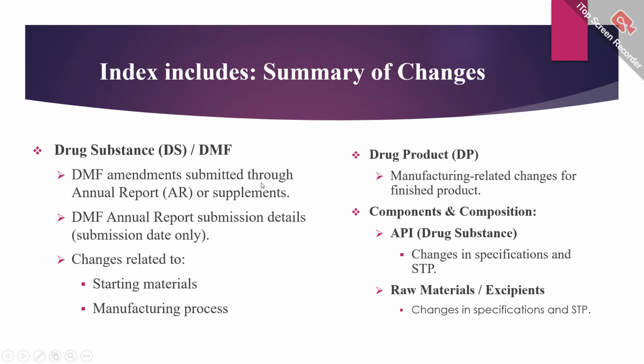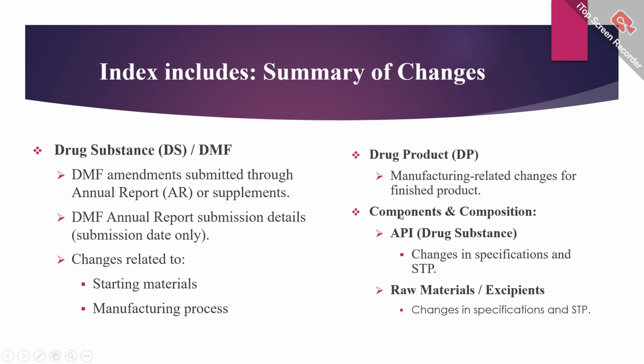And in case of amendments or supplements, if we require to submit the change in that, then we will submit the change also. Next, changes related to starting materials and also manufacturing process. Any change in route of synthesis or synthesis of the drug substance, we will include them briefly.